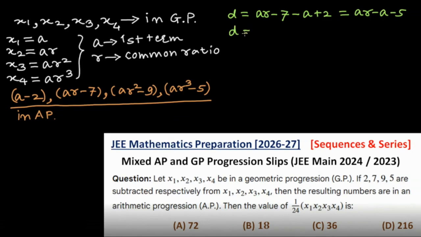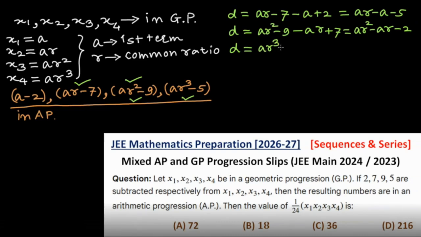Also common difference D is the difference between the third term ar square minus 9 and the second term ar minus 7. That will be ar square minus ar minus 2. Also the difference between the fourth term and the third term, ar cube minus 5 minus ar square plus 9, which is ar cube minus ar square plus 4.